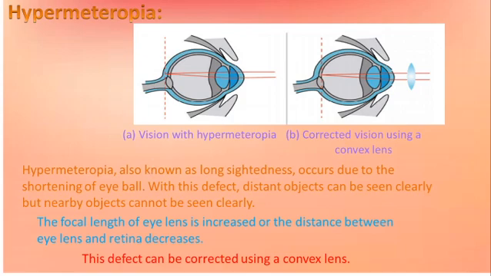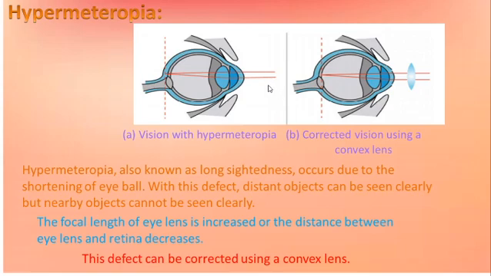Hypermetropia, also known as long-sightedness, occurs due to the shortening of the eyeball. The length of the eyeball decreases. With this defect, distant objects can be seen clearly, but nearby objects cannot be seen clearly. What are the reasons?